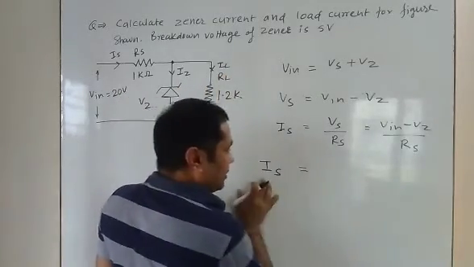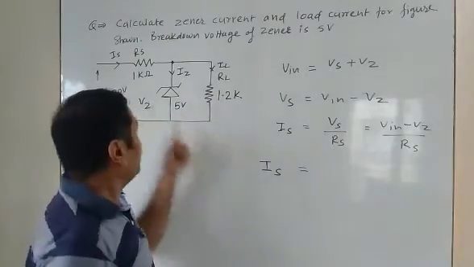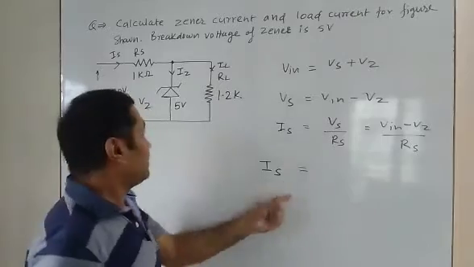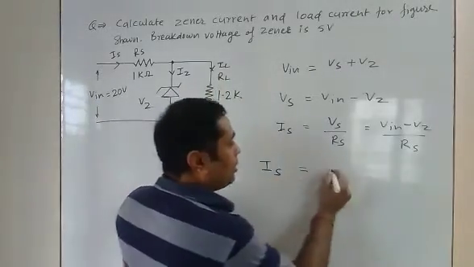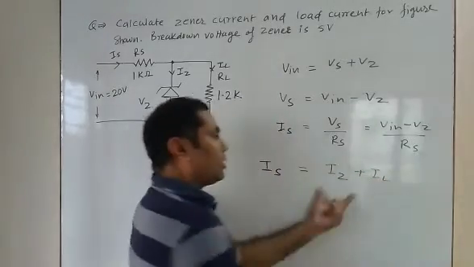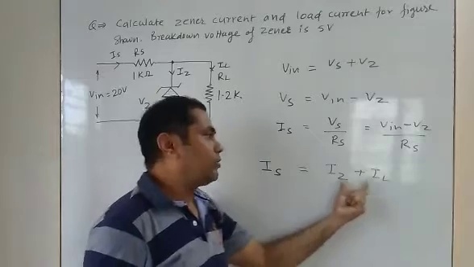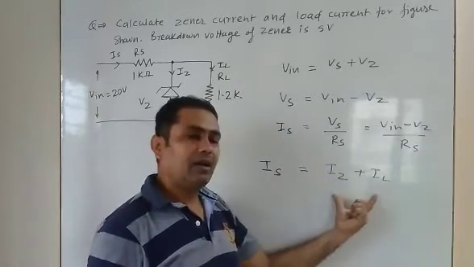So on the left hand side, the sum of currents entering is only a single current, that is Is, and these are the two currents which are leaving the node. That is why Is equals Iz plus IL. Sum at the left hand side is equal to sum at the right hand side.